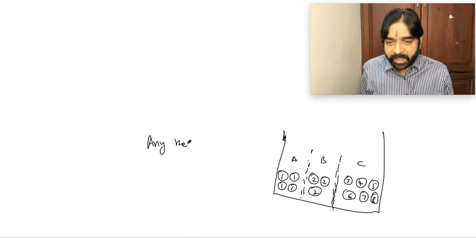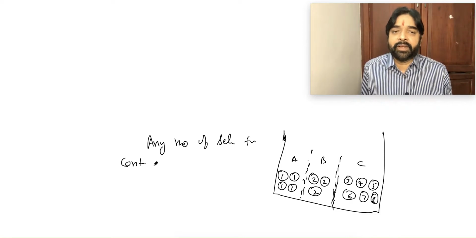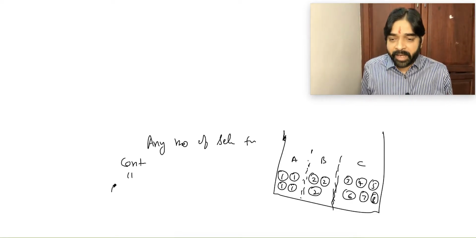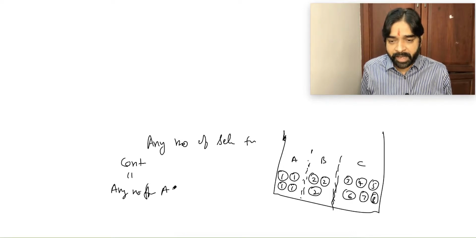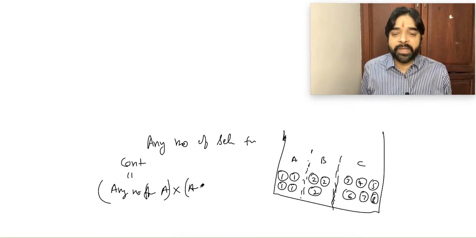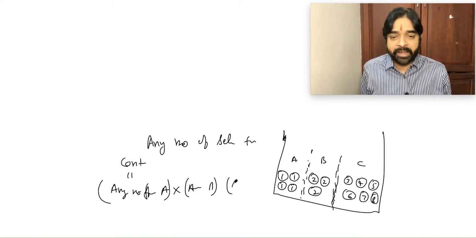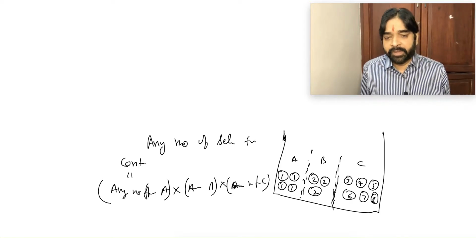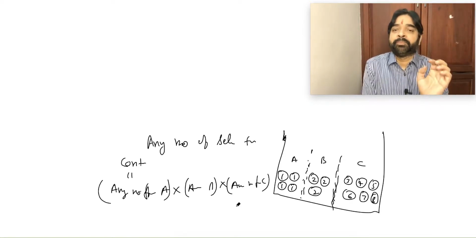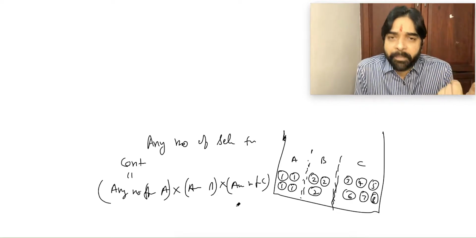Any number of selections from the container can be said as any number from container A, and any number from container B, and any number from container C. Did you understand this point? I have to select any number.